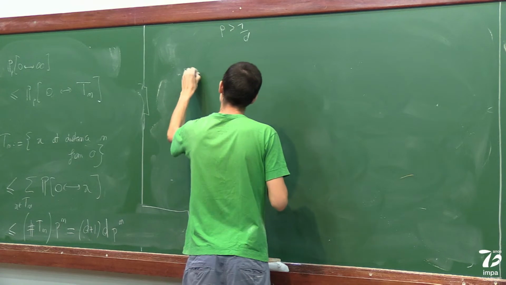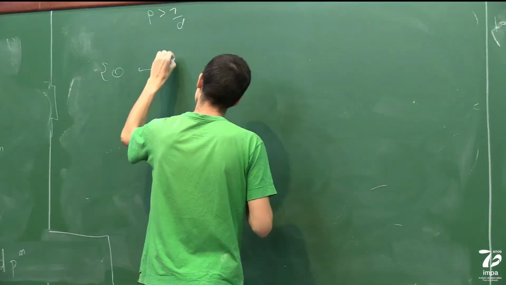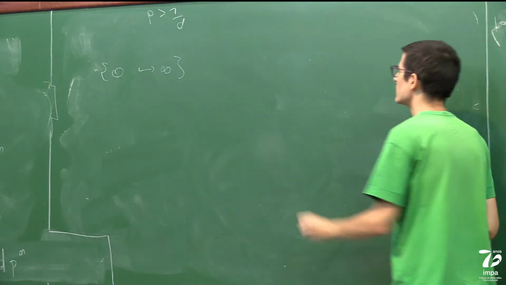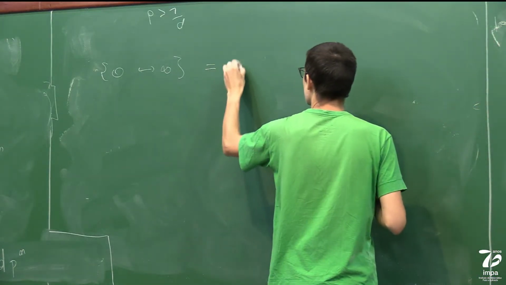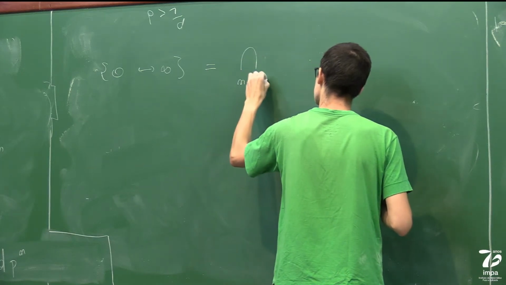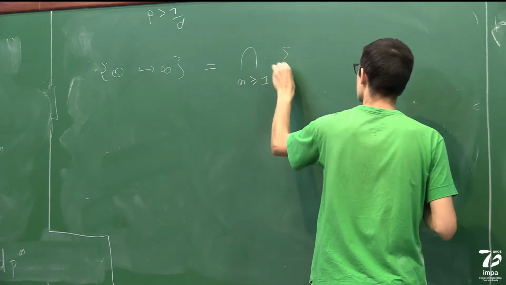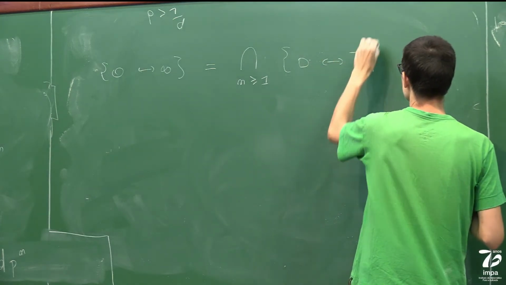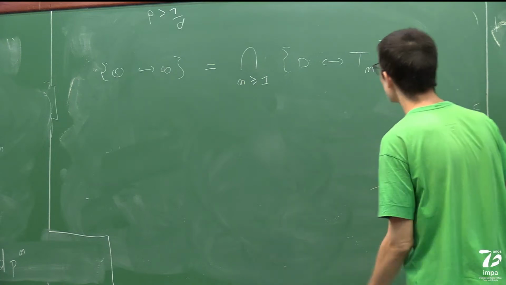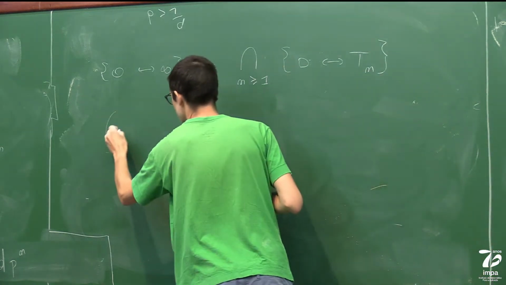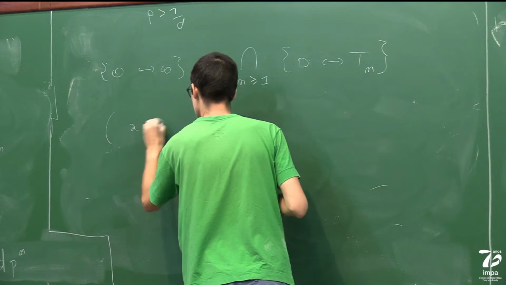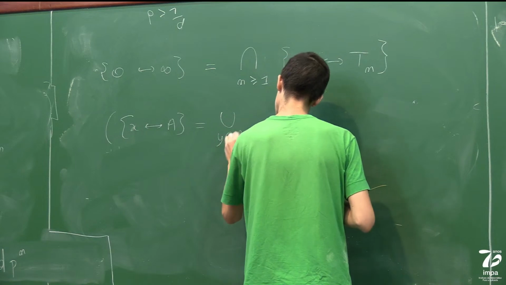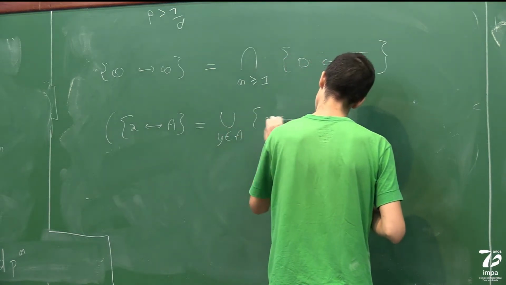What we have is that if you look at the event that the root is connected to infinity, well, this is just saying that for every n, the root is connected to Tn. I'm just using the notation here that x is connected to A. This is just the event union over y in A of x connected to y.